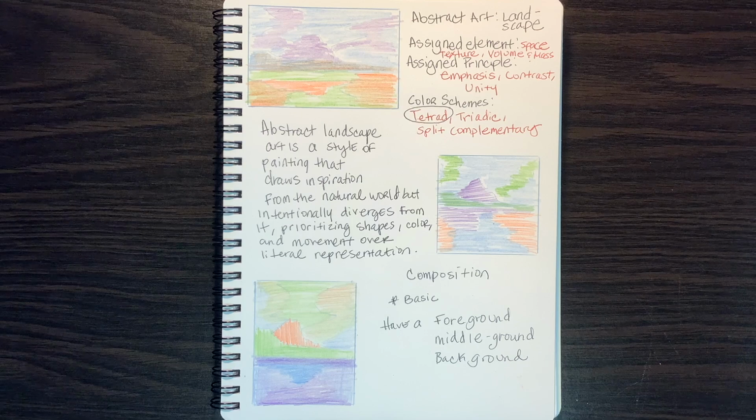When it comes to assigned principles like emphasis, contrast, unity, once again, there is a lot that we're using, but students can choose what they want to do. If they want to focus on 1 or focus on all 3, they have the option to do that.